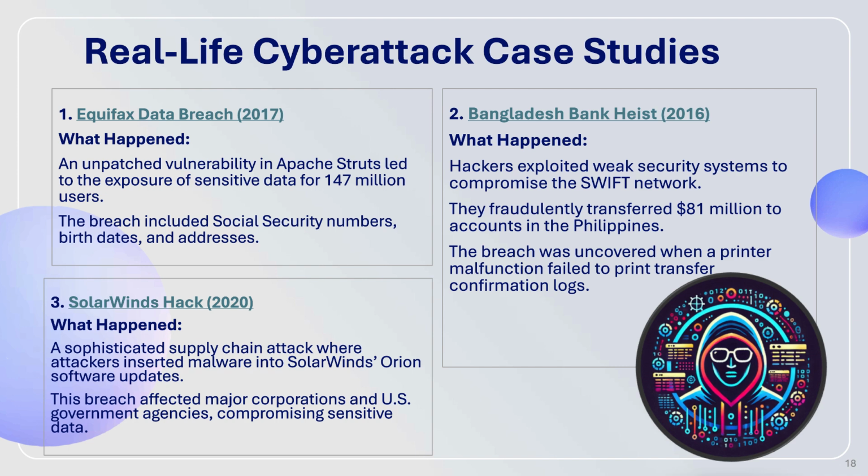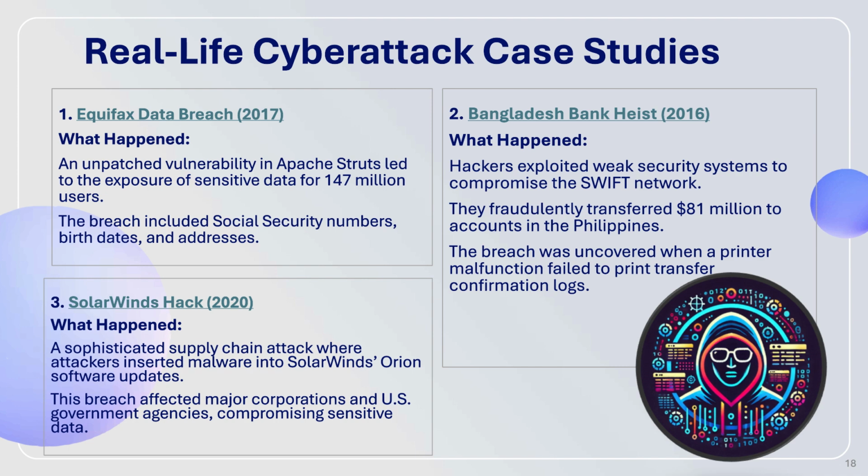The key lesson to learn here is that regular vulnerability assessments could have identified this unpatched software and prevented this breach. Next one is the SolarWinds hack, which happened in 2020. What happened here is a sophisticated supply chain attack where attackers inserted malware into SolarWinds Orion software updates.